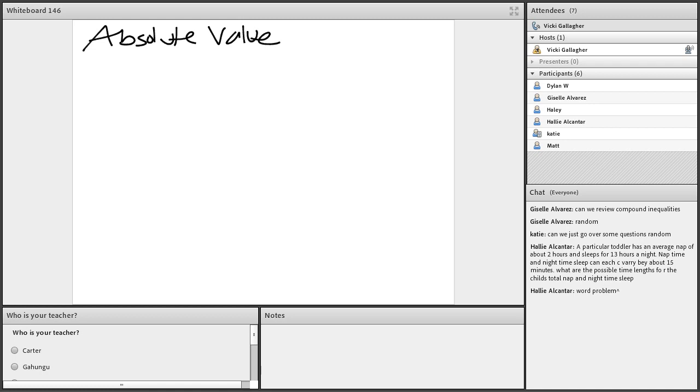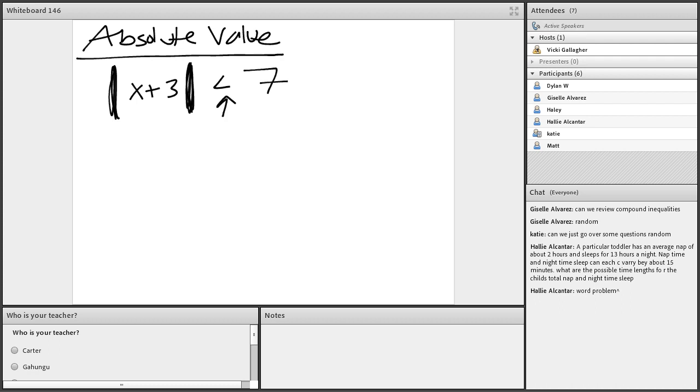An absolute value problem is going to have these bars in it like this, right? And there's going to be stuff inside, and it can have less thans or greater thans, or even equal tos. So if it has a less than symbol like this, first of all, you're going to get two answers because you're going to split the problem in half.